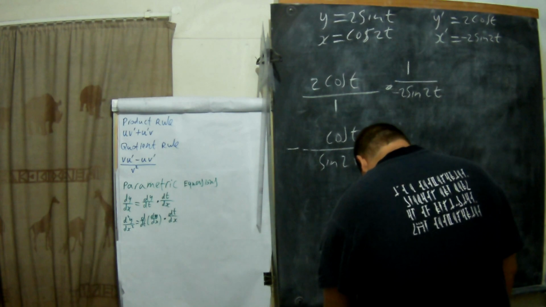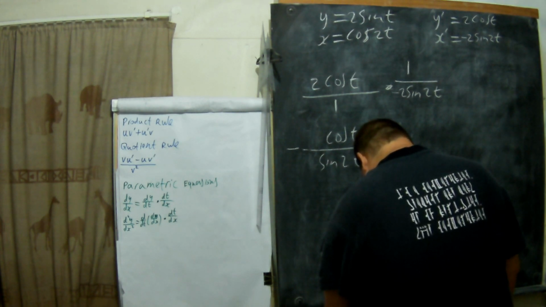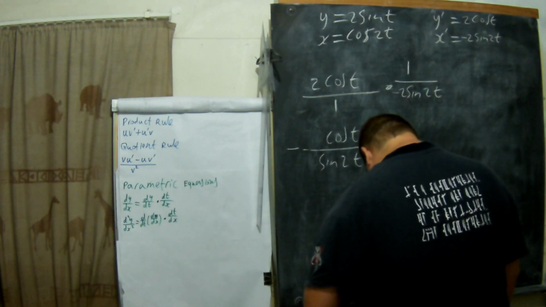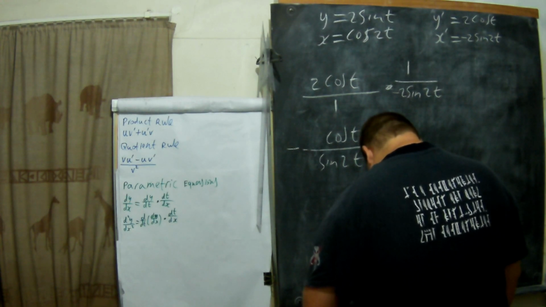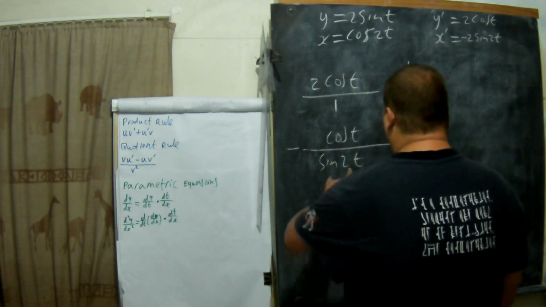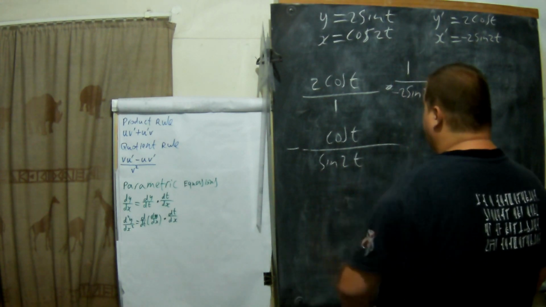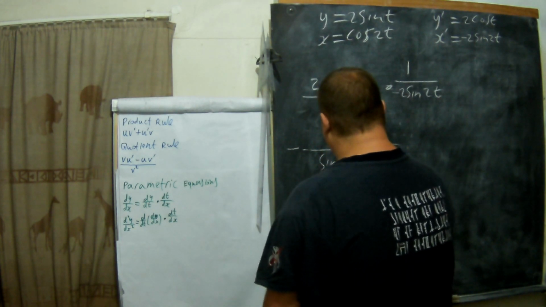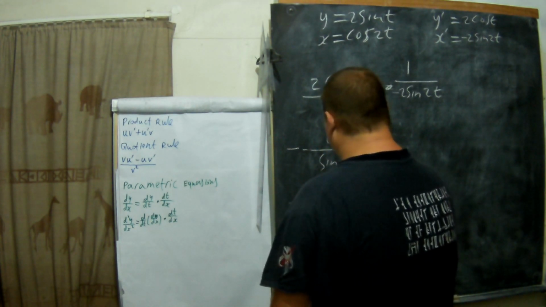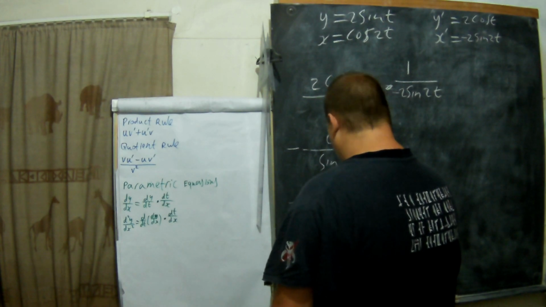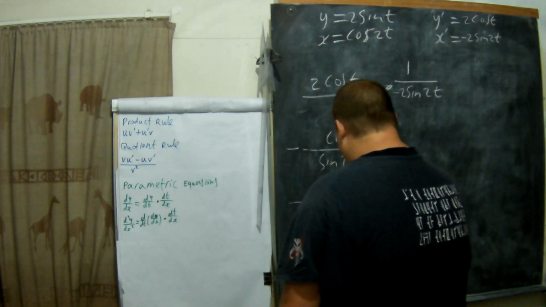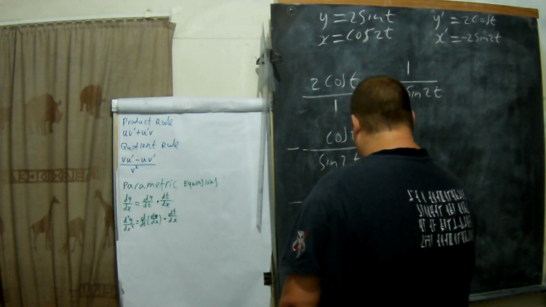Now the next step is the identity. The identity of sine 2t is 2 sine t cos t.